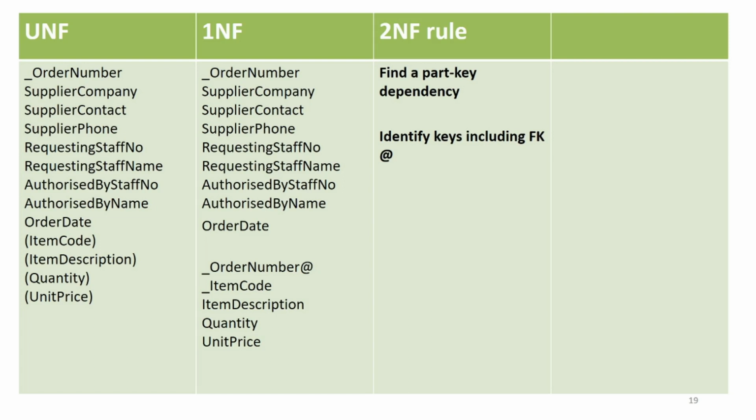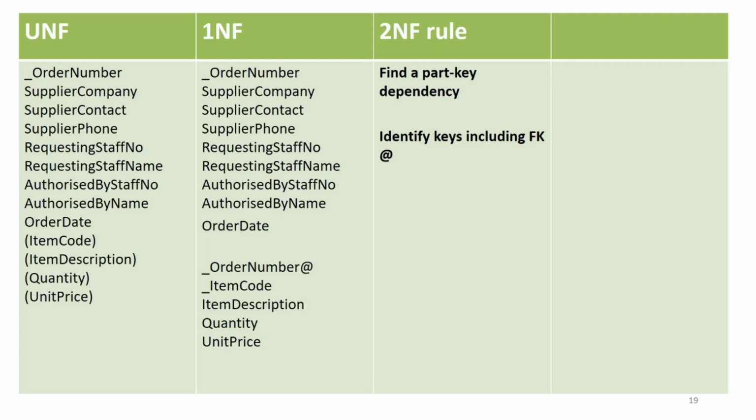Looking at non-key attributes, we have three non-key attributes. Item description is dependent on item code, but is item description dependent on order number? No. Item description is just dependent on item code. It means we have part key dependency.